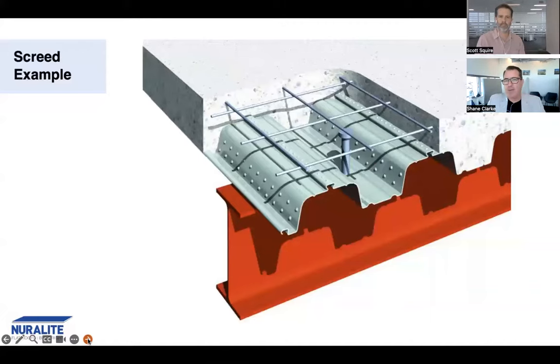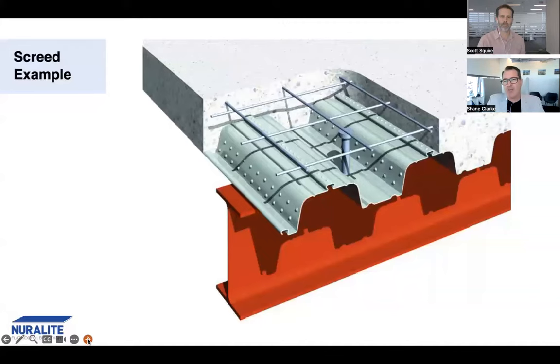The good news is we were able to offer some cost savings with our Code Mark 1 degree. We were able to use a 1 degree tapered PIR board to replace the potentially originally specified cement screed. So it was a lot lighter, a lot faster, and being only 1 degree was a lot more cost effective than having to build it up to 2 degrees.